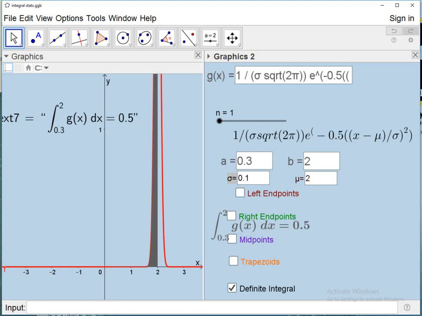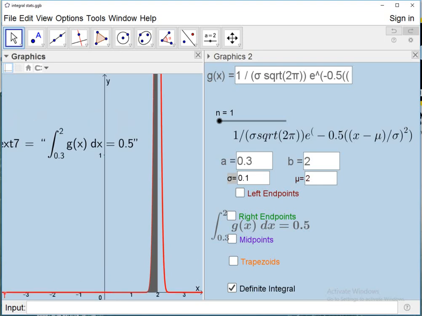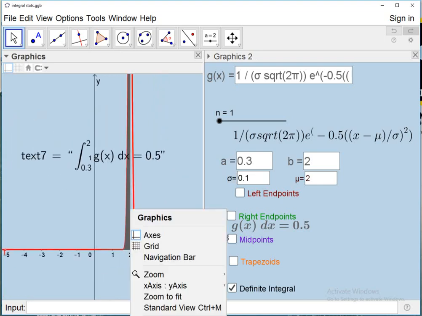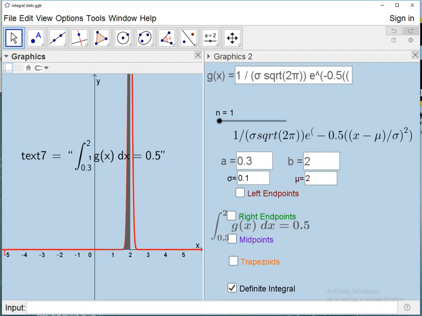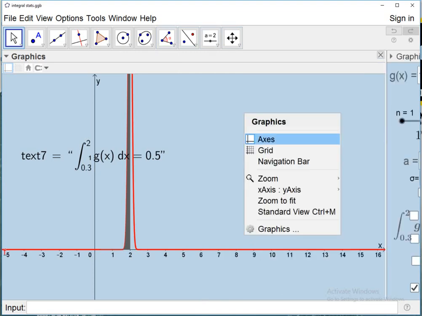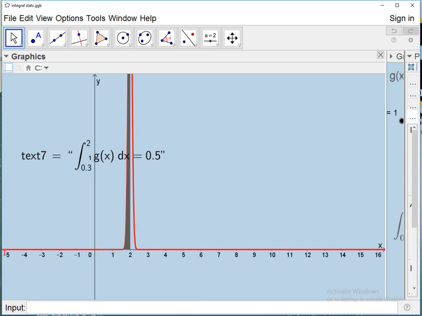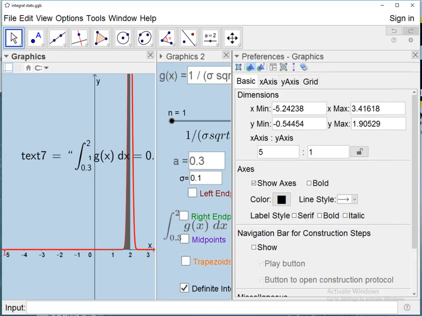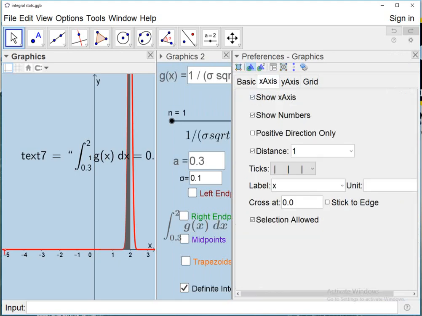So what we're basically arguing here is, just so it doesn't confuse us, let me take away the numbers on the x-axis.